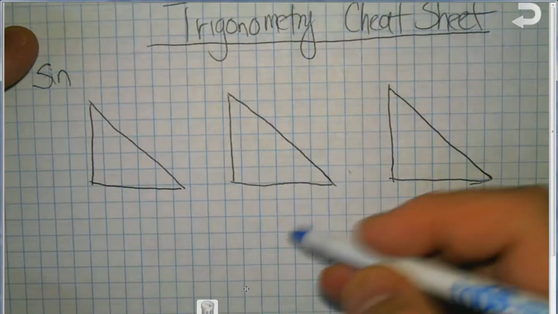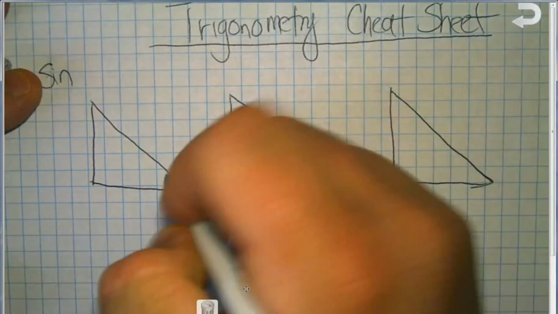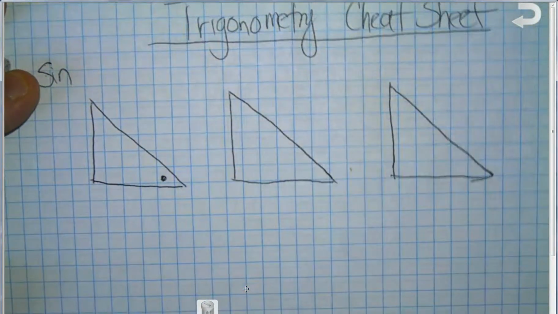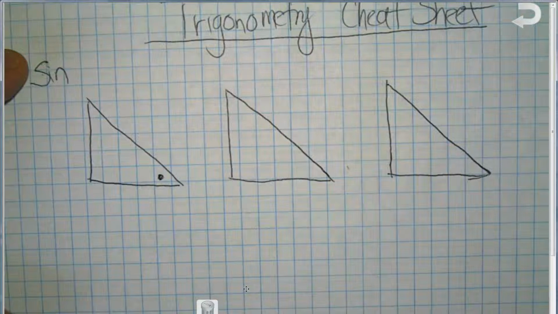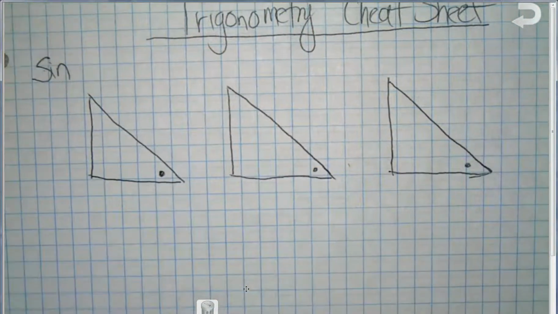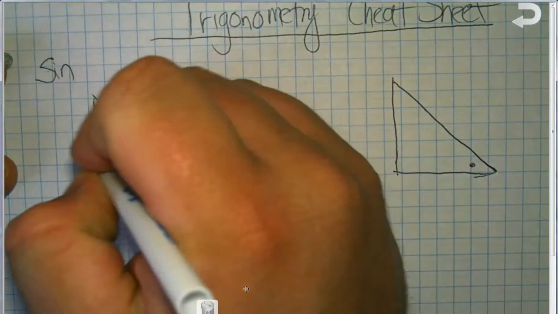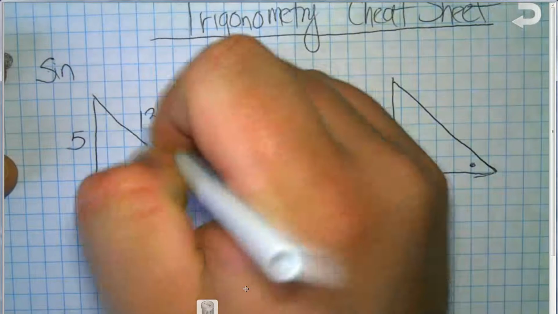And they're all going to be the same triangle from our problem on the front of our notes. So we're going to be looking at this angle right here, and we know that this side is 5, and we know that this side is 13.